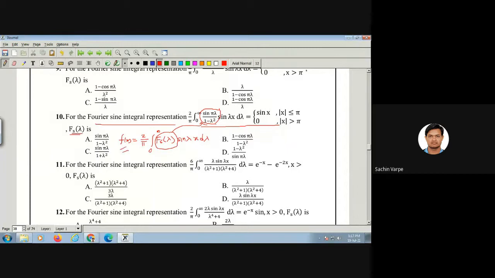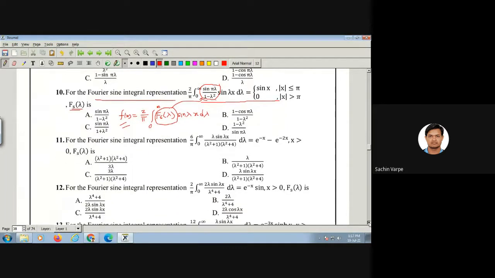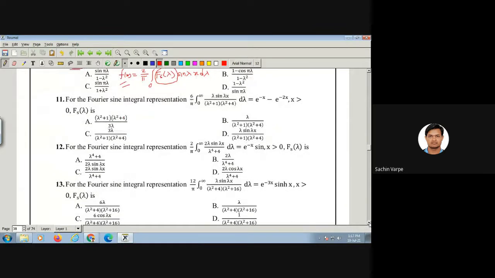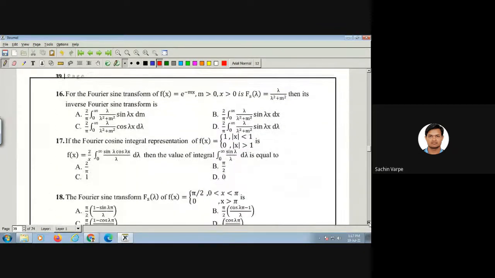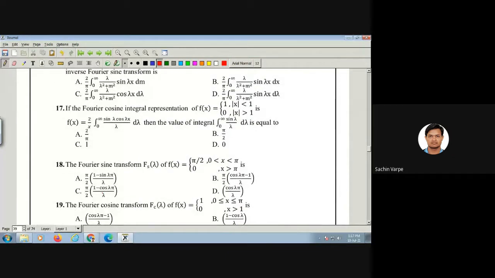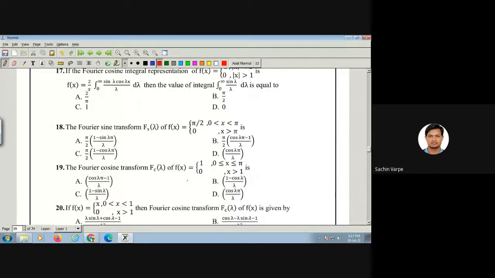So you should know the formulas to compare.